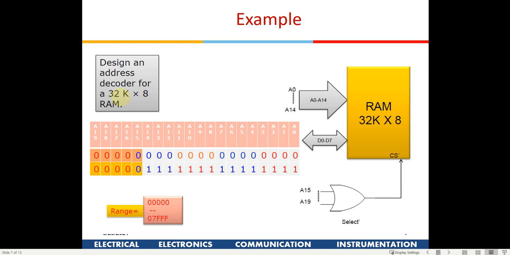So 2K is 11 lines, because it keeps going in multiples of 2. And 12 stands for 4K, and 13 stands for 8K, and 14 stands for 16K. 10 for 1K, so obviously 2K will be 11, and 4K will be 12.